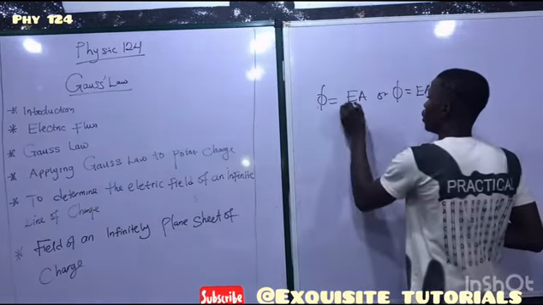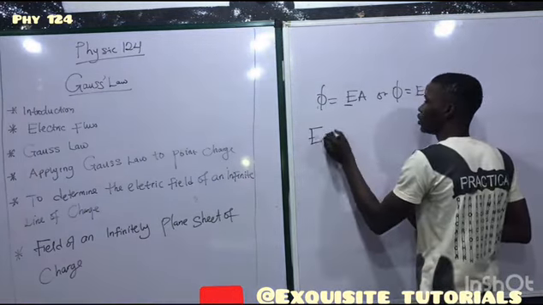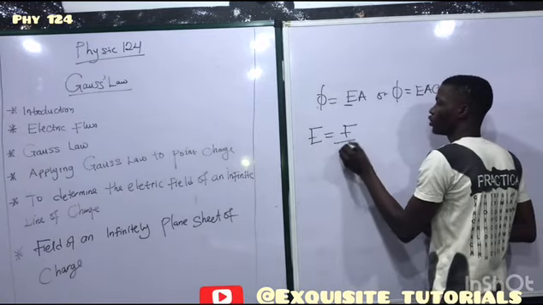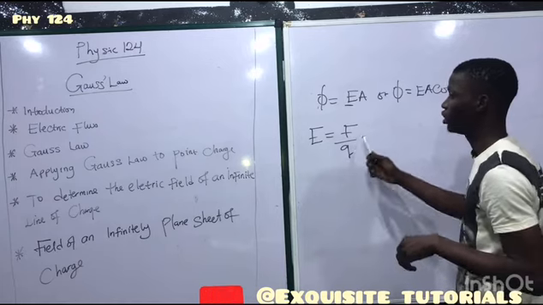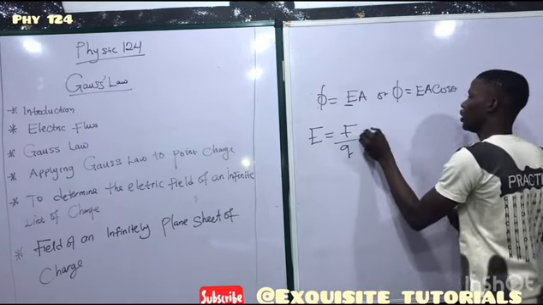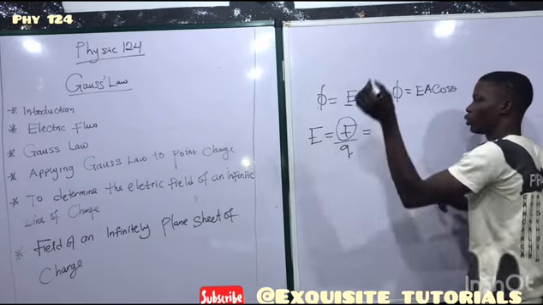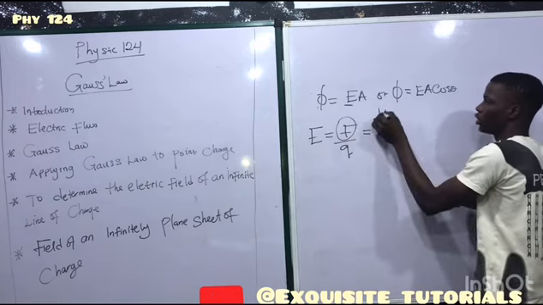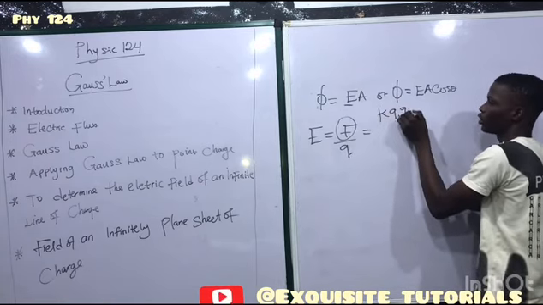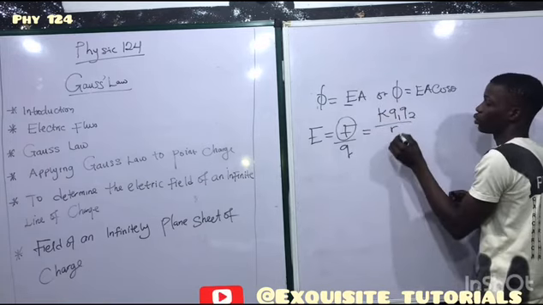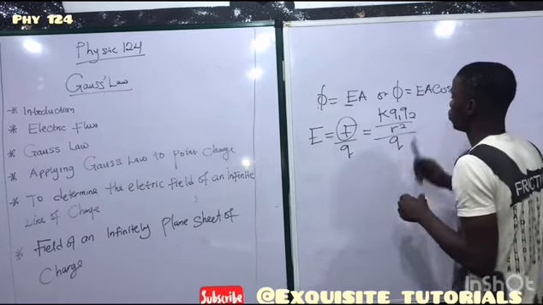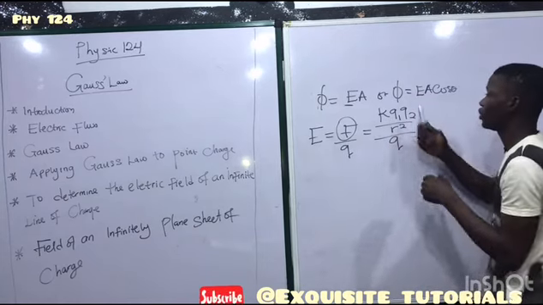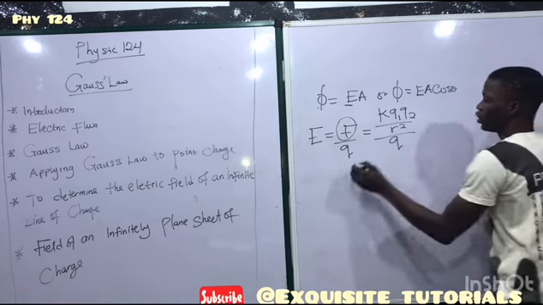And normally our electric field intensity is equal to the electric force divided by the quantity of the charge. And our electric force from Coulomb's law, which we did earlier on, is equal to K Q1 Q2 all over R squared. Q1 or Q2, this charge could be any of these charges, so it doesn't matter.